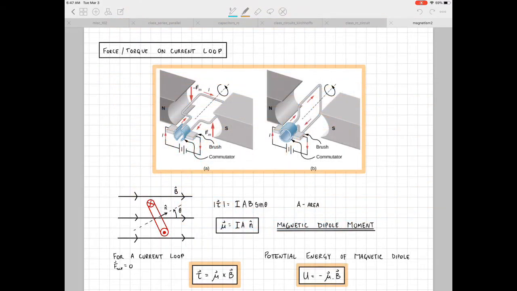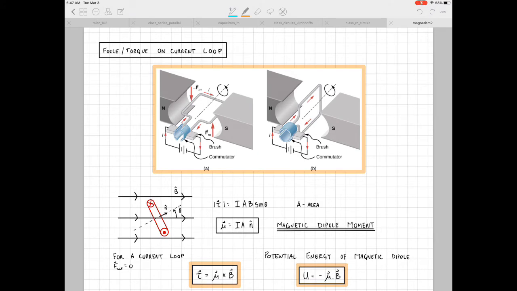One of the most common applications of magnetic force on current carrying wires is the idea of a motor. And a motor is essentially a way to convert electromagnetic energy into mechanical energy. And so this comes about when you have basically a loop of current placed in a magnetic field.